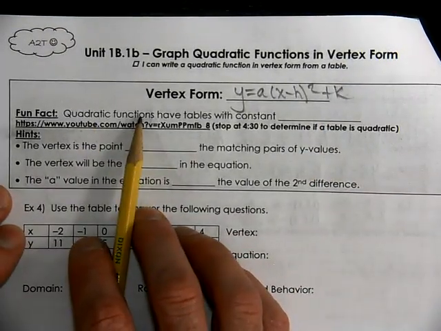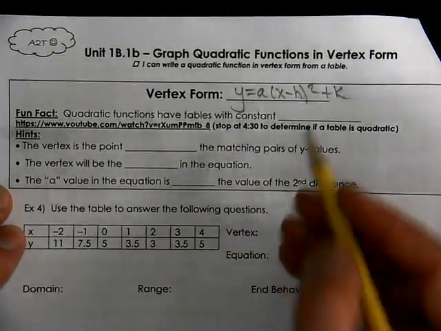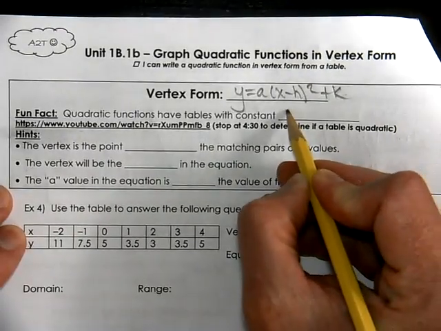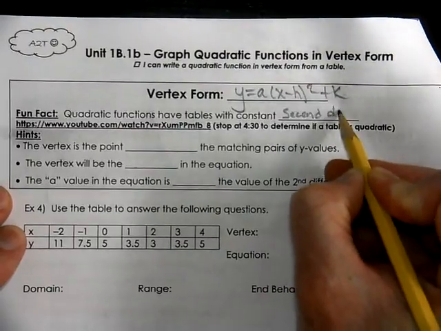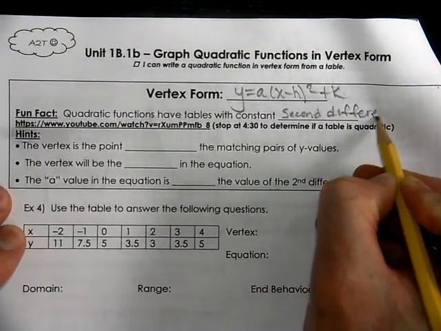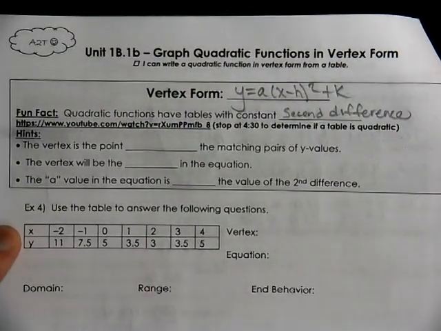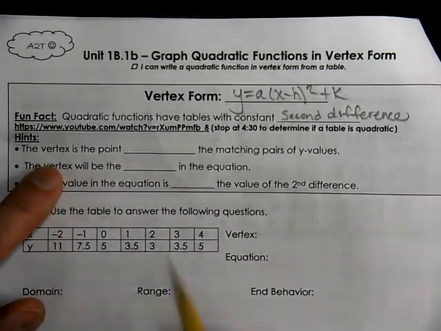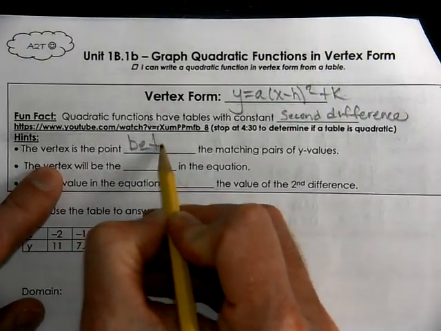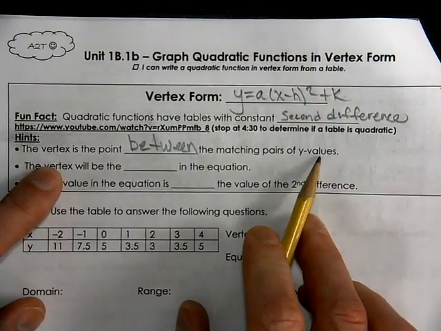Quadratic functions have tables with a constant second difference. We've talked about second difference before, and we'll go over that here with this table. The vertex is the point between the matching pairs of y values.